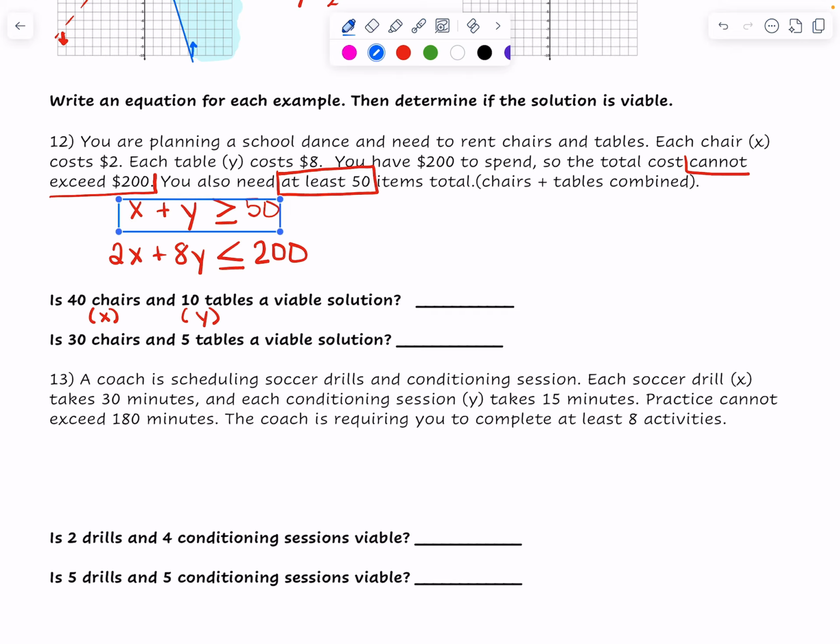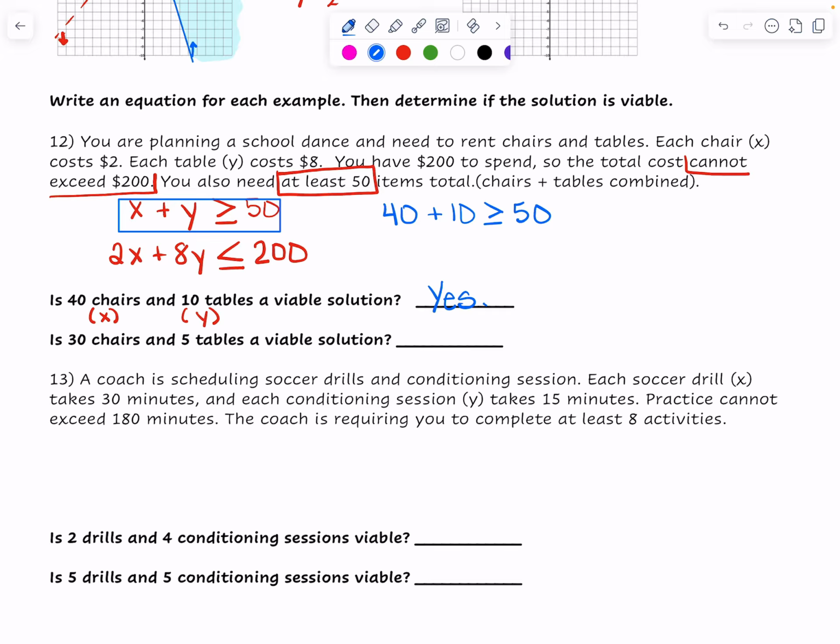I'm going to replace x with 40, and then I'm going to add it to y, which we're replacing with 10. And is that greater than or equal to 50? Yes, it is. It is equal to. So this one here is a viable solution.